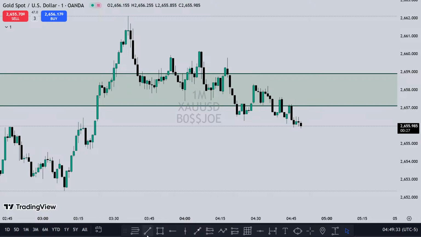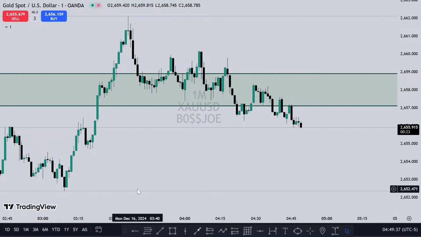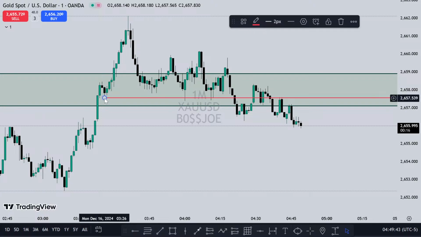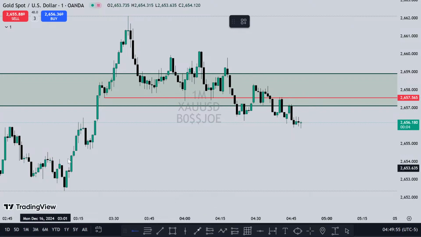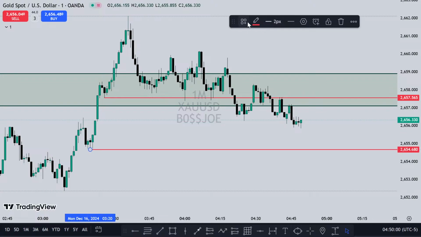Now I think this is the least structure low that needs to be broken before you look for entry. Exactly. So once this structure low has been broken with a body close with this candle, this would have been your entry, targeting at least this other low as sell side liquidity.